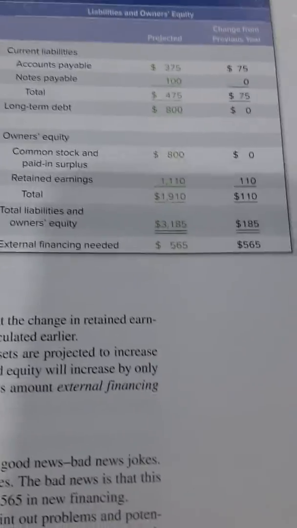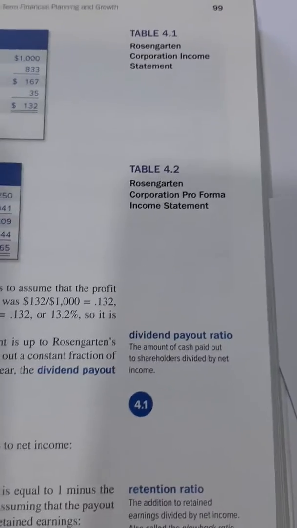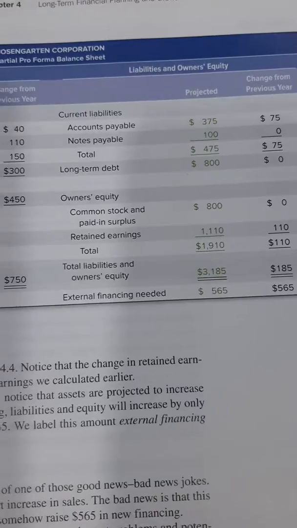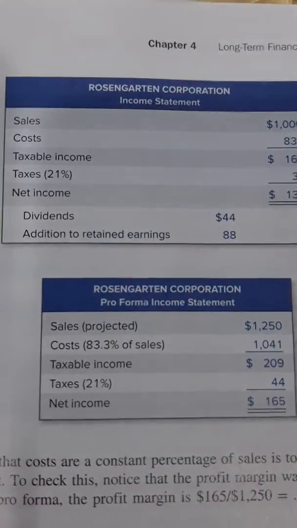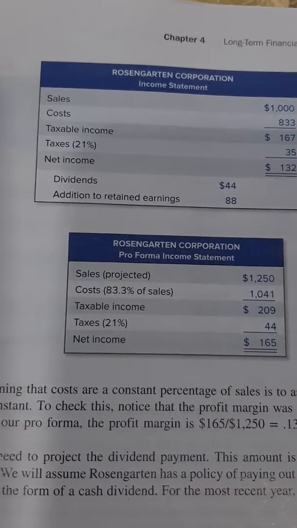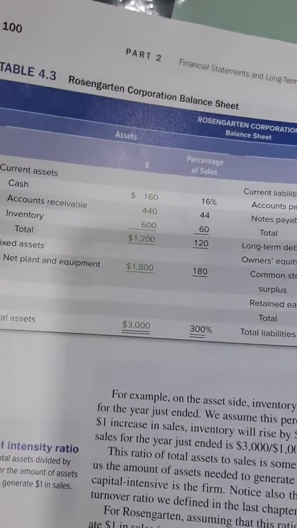Okay, let's take a look at the example here. Just now we discussed the current income statement for Rosengarten Corporation. Now let's take a look at the current balance sheet, table 4.3 of the textbook.